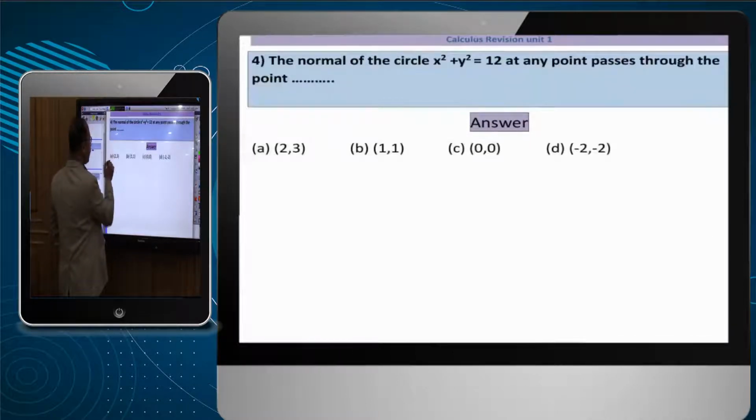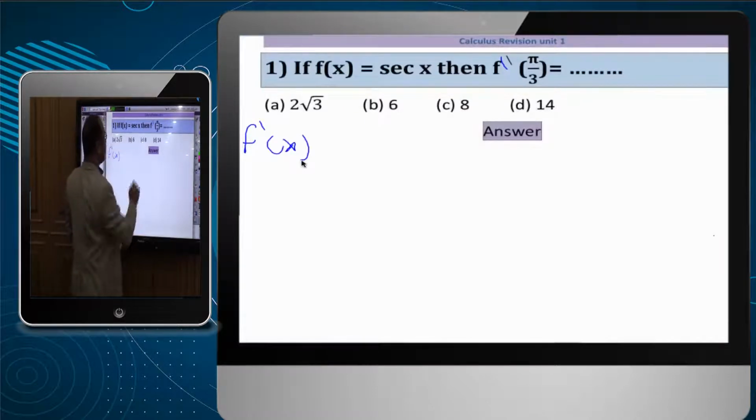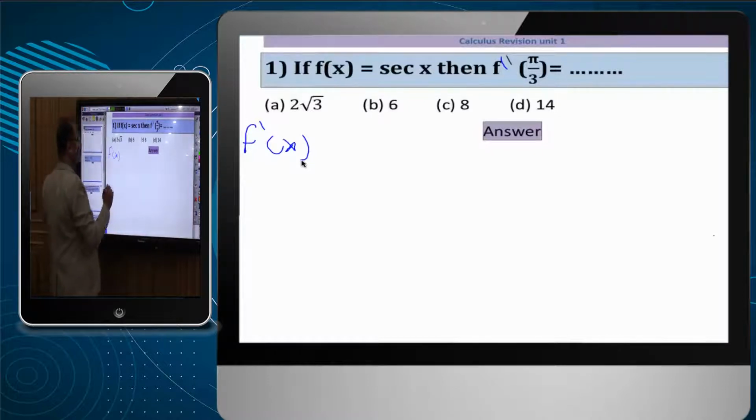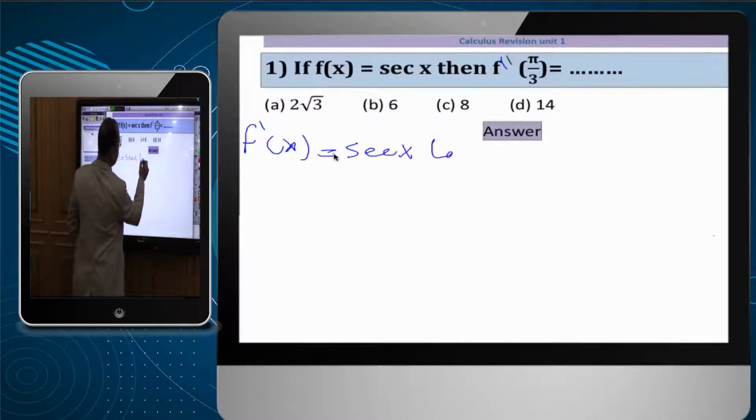First, f of x, f dash of x of 6x. 6x, the first differentiation of it is 6 10 equals 6x 10 x.